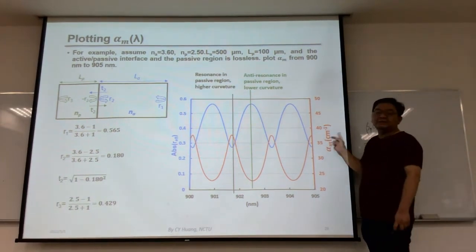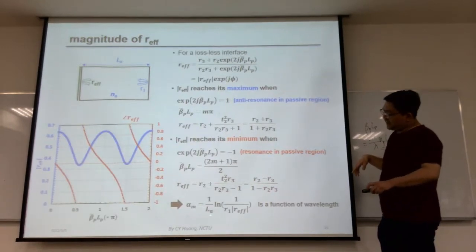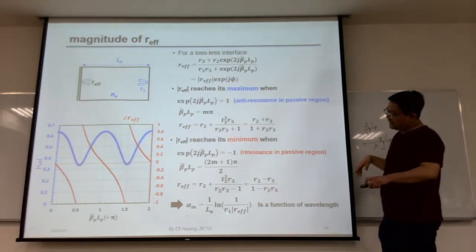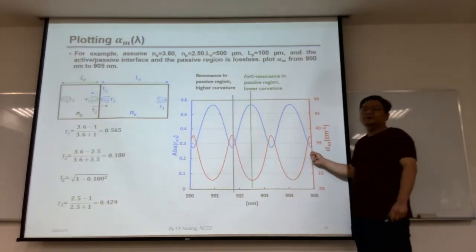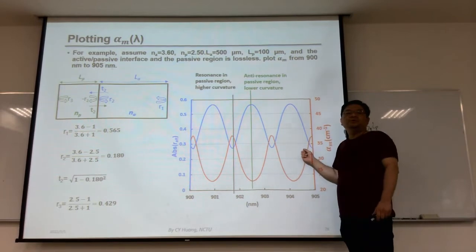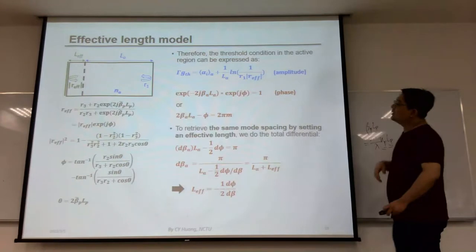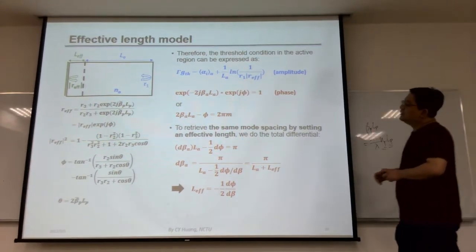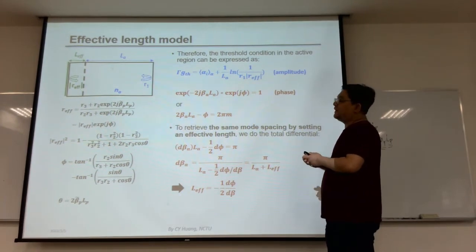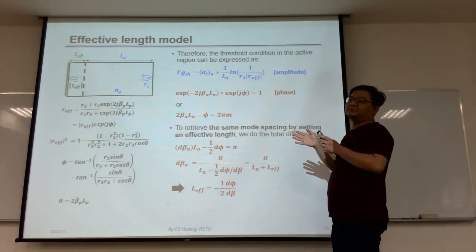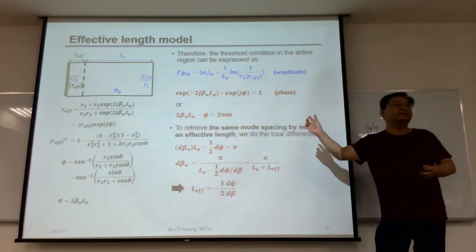If we insert the mirror loss as 1 over LA times ln of 1 over R1 R_eff, you will see a loss spectrum which varies with wavelength. Then we try to further simplify or make it more precise, to meet the criterion of mode spacing as well.